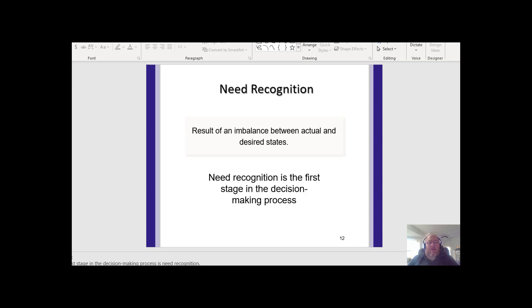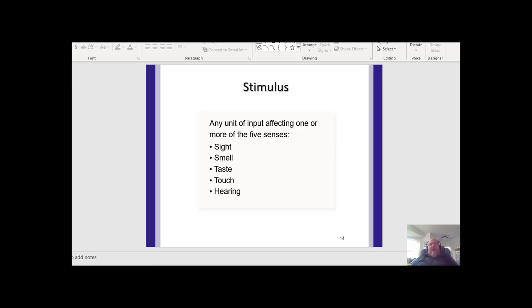Stimulus can be any kind of input that affects our five senses, whether it be something we see, physically touch, smell, taste, or hear. If we're hungry, smelling fresh food can be some kind of stimulus.